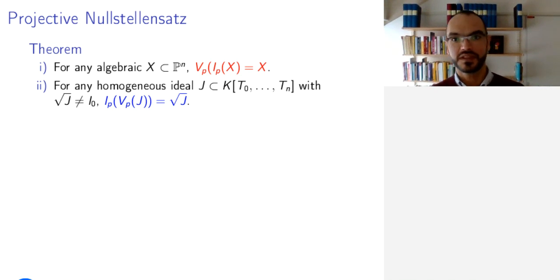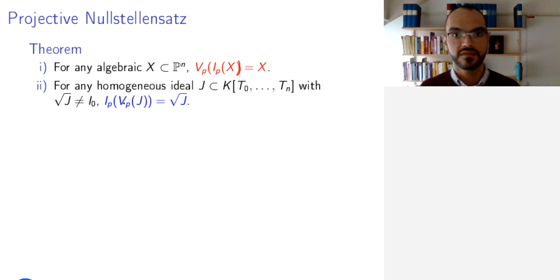So the projective Nullstellensatz is the projective analog of Hilbert's Nullstellensatz for algebraic sets in affine space. So you might want to go back to that one and refresh your memory. But the projective Nullstellensatz says the following things to begin with. For any projective algebraic set X in Pn, taking first the vanishing ideal and then the 0 locus, you get back the set X itself.